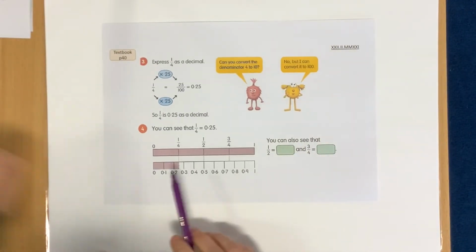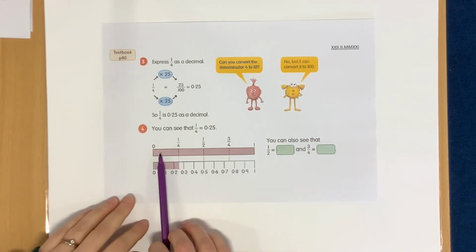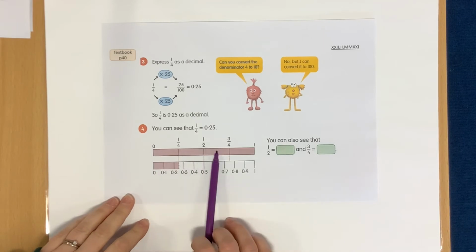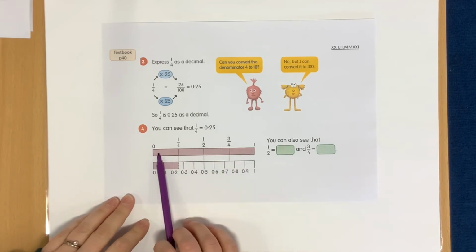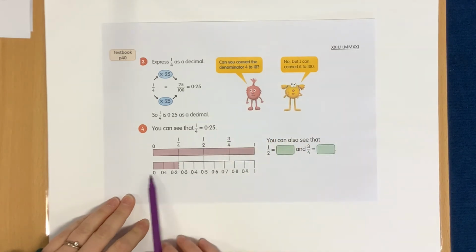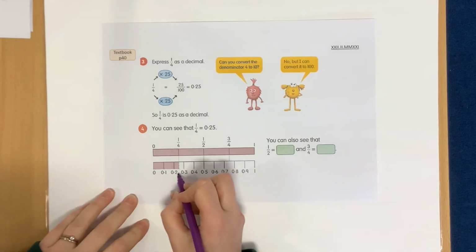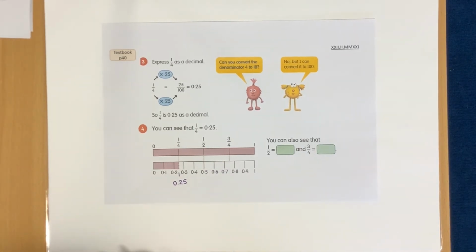So here is that number line again and that bar model. So we've got quarters here. It's split into quarters. 1/4, if you transfer down to the number line, would take us exactly between 0.2 and 0.3, which we know would be 0.25.